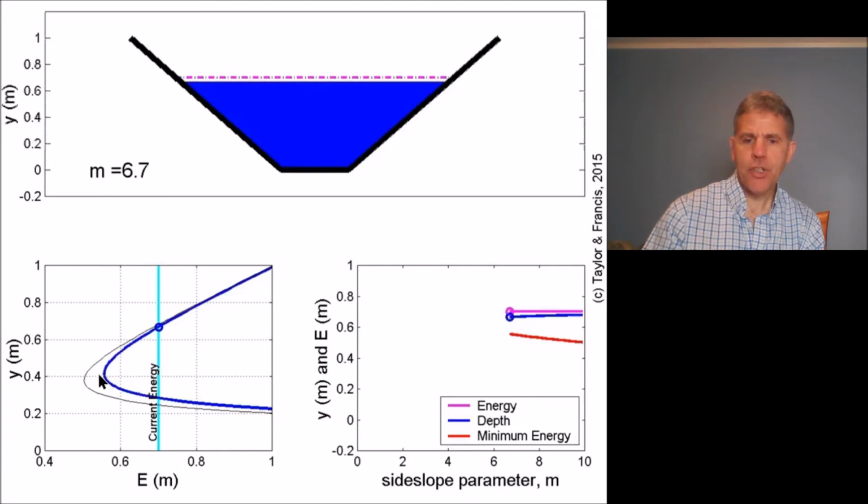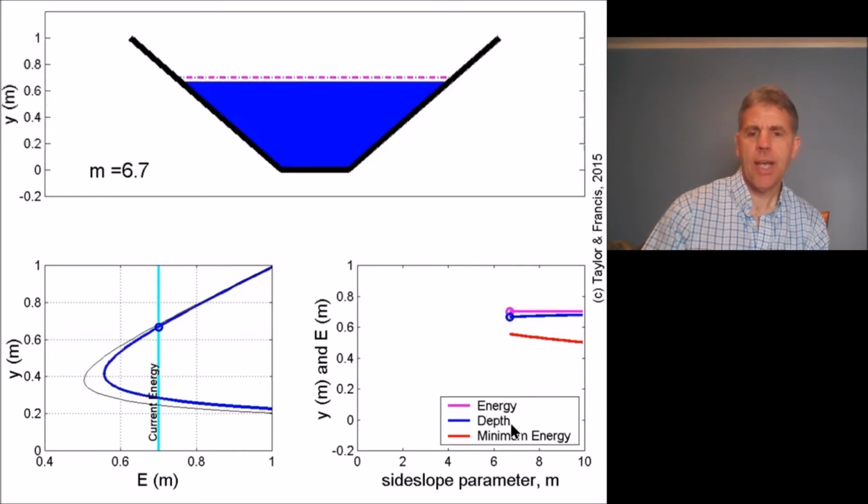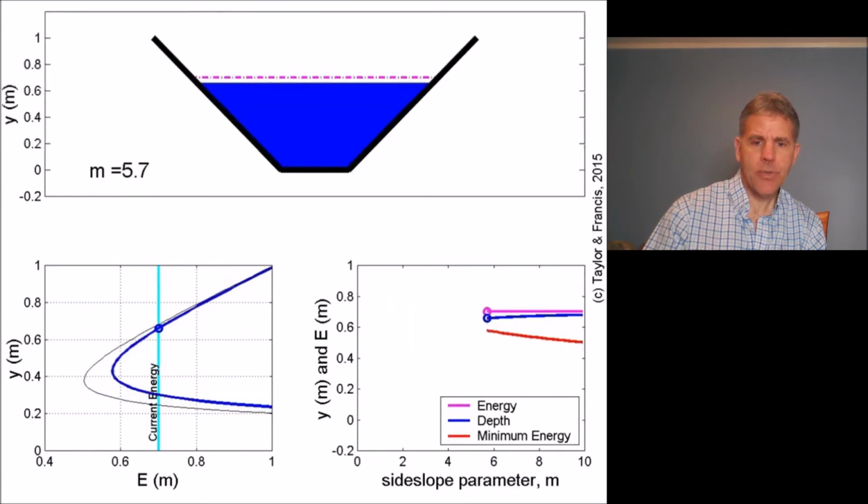And the minimum energy is basically a trace of where this minimum point is on the EY diagram. And you can see that the minimum energy is trending upwards. Eventually, when it crosses the magenta curve, when the minimum energy equals the energy, that's when we're going to hit choke conditions. So let me back this up to the beginning, and let's watch this.